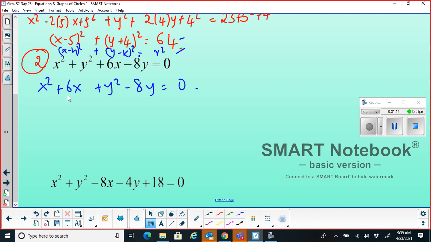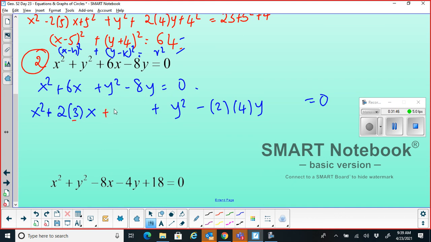To complete the square I will write x square, I can split 6x as 2 times 3 times x, plus y square minus 2 times 4 times y equals 0.